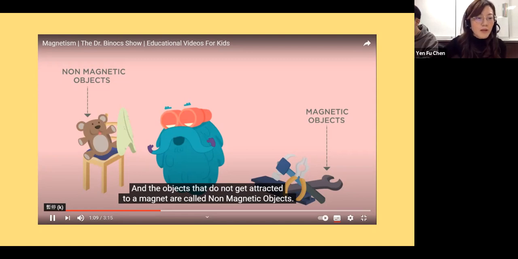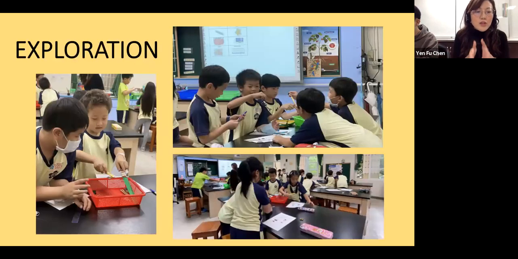Okay, next. The most important part of this lesson was the hands-on experiment. There are two magnetic sticks and some materials such as paper clips, binders, springs, spinners, a plastic ruler, an eraser, and an iron ring in every group.